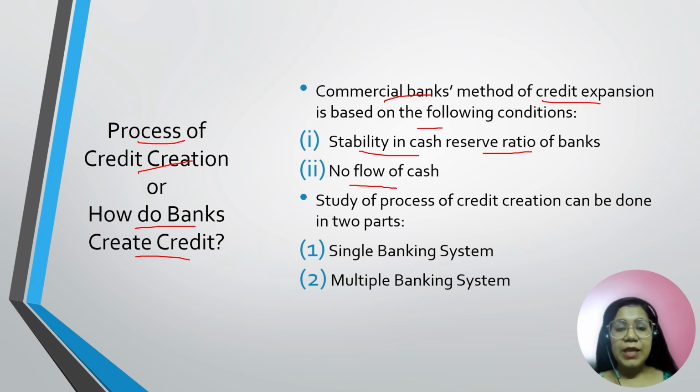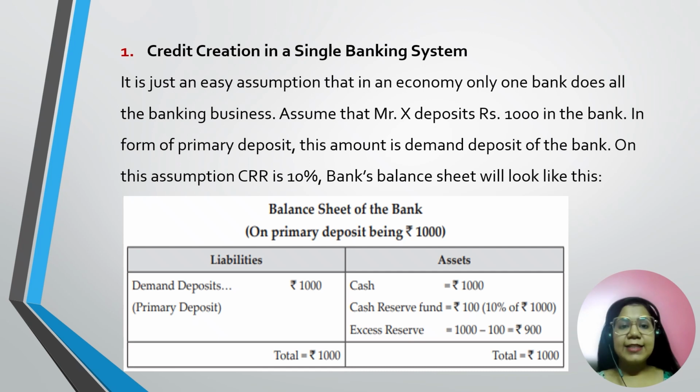So the study of process of credit creation can be done in two parts. One is the single banking system and another is the multiple banking system. So let's read about both of them in the next slide. So credit creation in a single banking system. See, this makes it very easy.